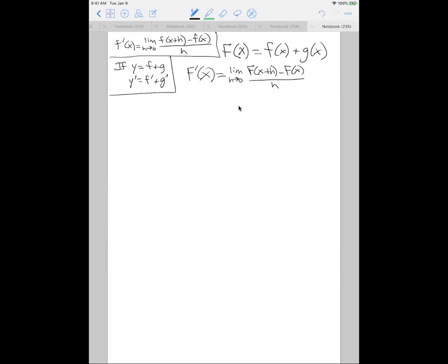So that means the situation is that we need f of x plus h. And we've got things squared away here, that the derivative of this function is equal to the limit as h goes to 0 of, well, what's capital F? That's f of x plus g of x.